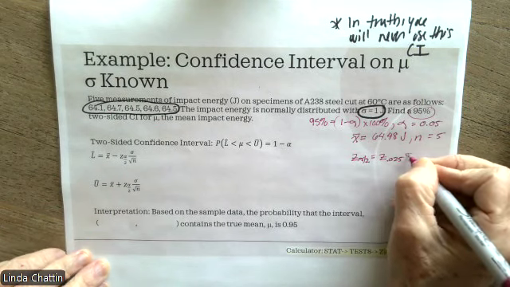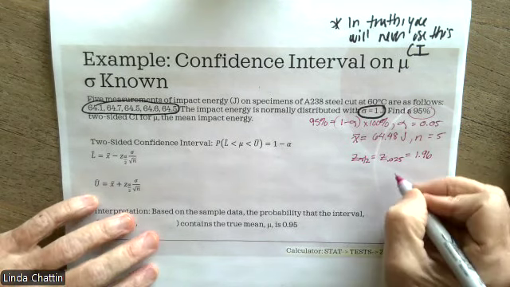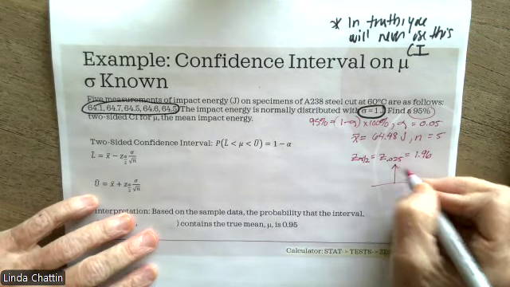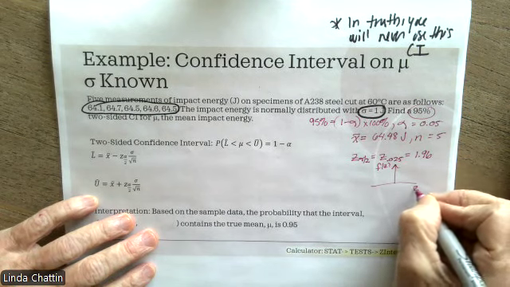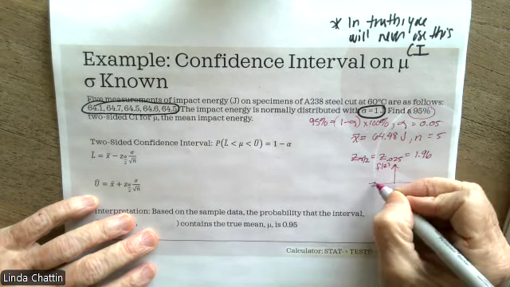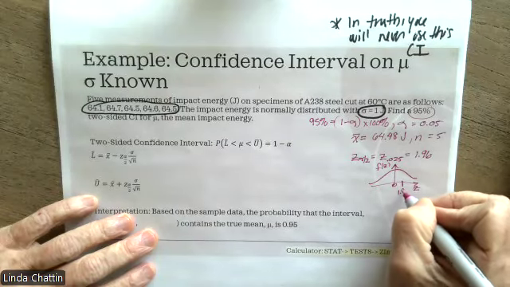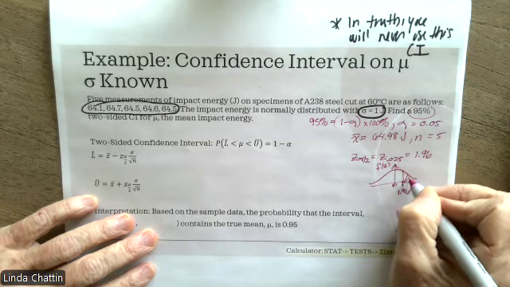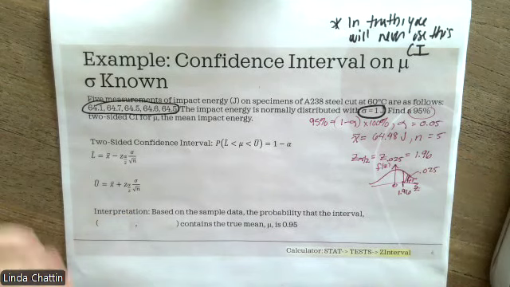On a previous slide, we know that that value is 1.96. Remember, go back a slide and pause this if you don't know what I'm talking about. This is the Z PDF, and 1.96 is this value right here, so that the area above is 0.025. Now we have everything we need.